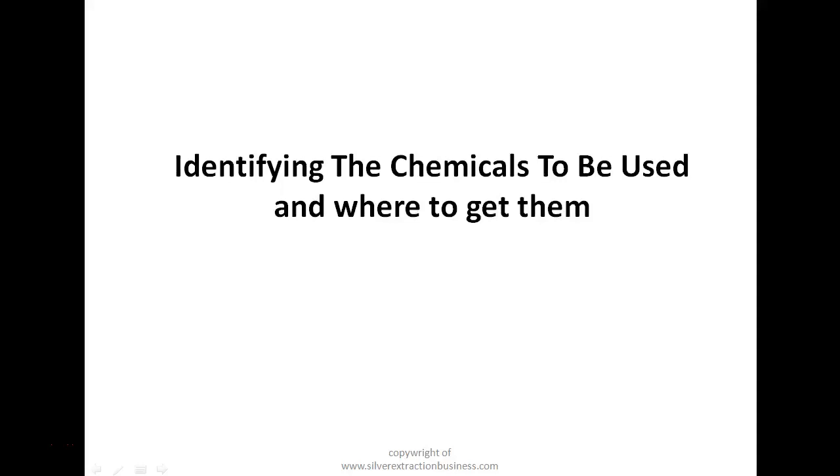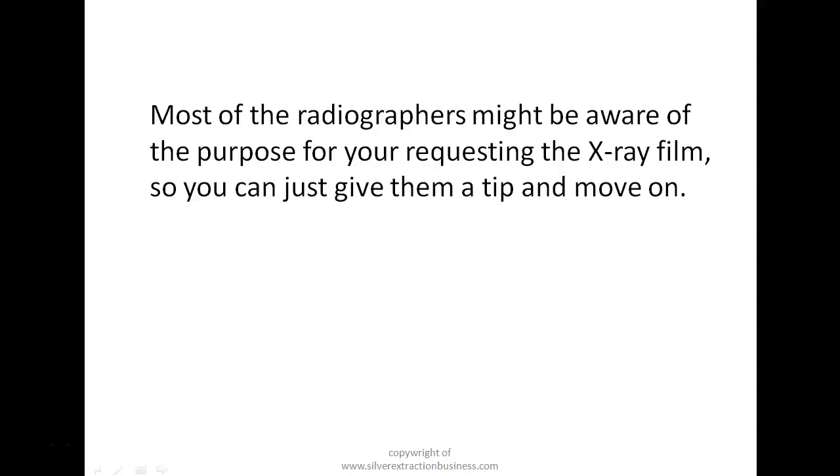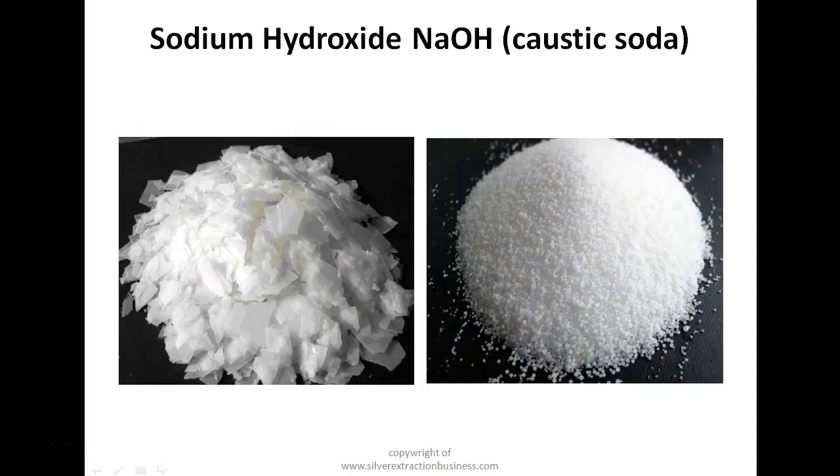Alright, quickly then, let's look at the chemicals that we use as we get along in this business. Most of the radiographers, this is the first chemical we're talking about. It's called sodium hydroxide. Sodium hydroxide.